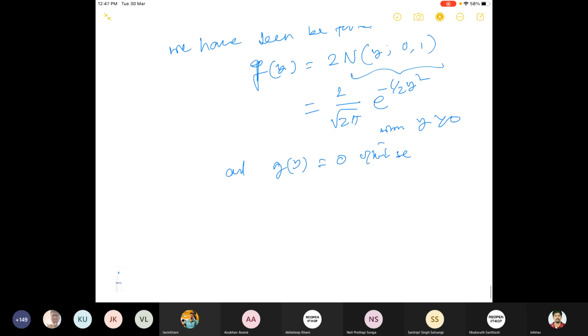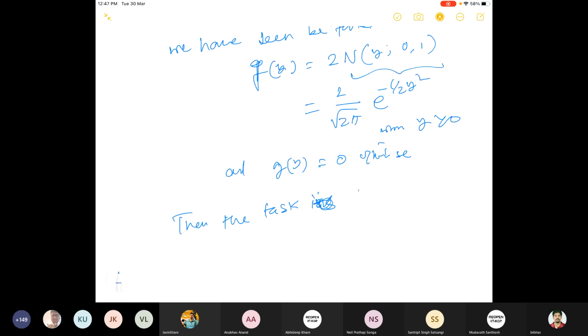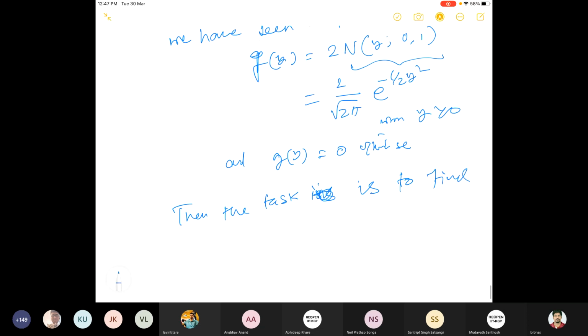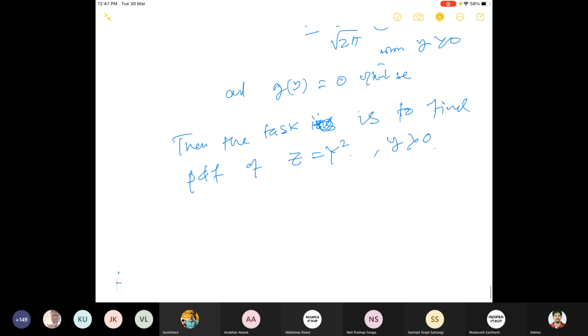Now the task is to find the PDF of z, where z is nothing but y square, which is increasing when y is bigger than 0, and for which g of y is not equal to 0.